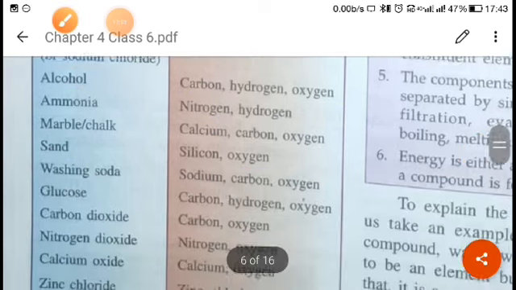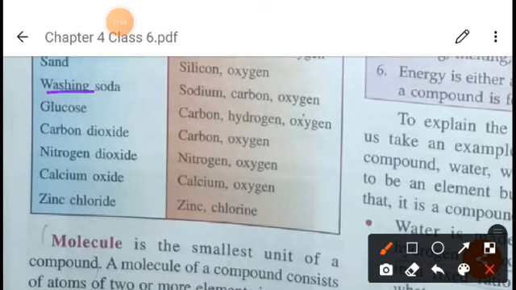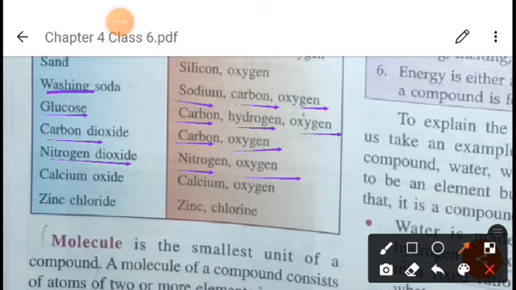In this way, there are so many compounds. Washing soda is a combination of sodium, carbon and oxygen. Glucose is a combination of carbon, hydrogen and oxygen. Carbon dioxide is a combination of carbon and oxygen. Nitrogen dioxide is a combination of nitrogen and oxygen.